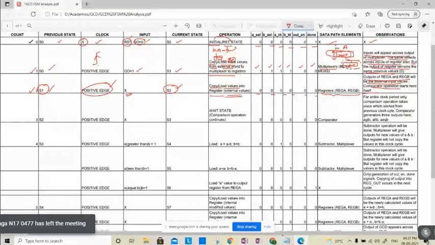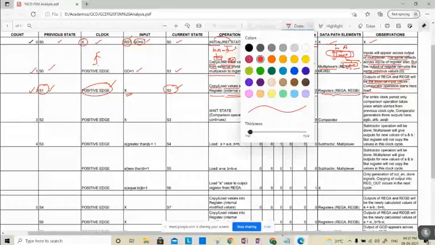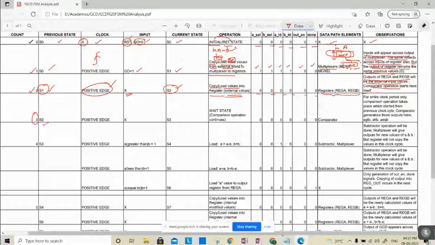Next, from S2 state, on a positive edge again, irrespective of inputs, we move on to S3. Let us take S3 as a wait state. This is purely dedicated to the comparator only.